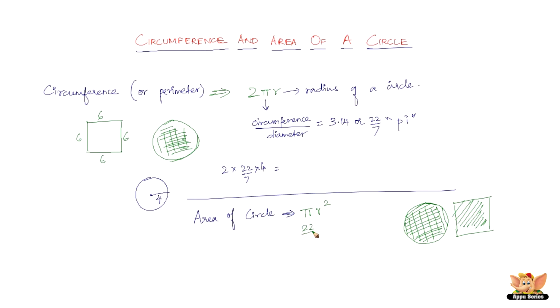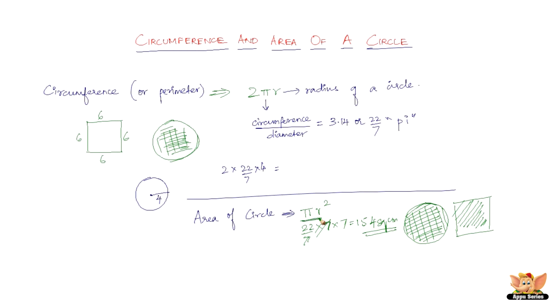So 22 by 7 into, say for example, the radius of this circle is 7 centimeters, then you have r square, that is 7 into 7. So you have 22 times 7, so 7, 2 times is 14, 4. So it's 154 square centimeters, or 154 square units is the area of this given circle.